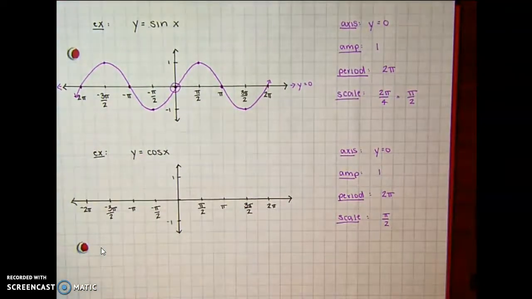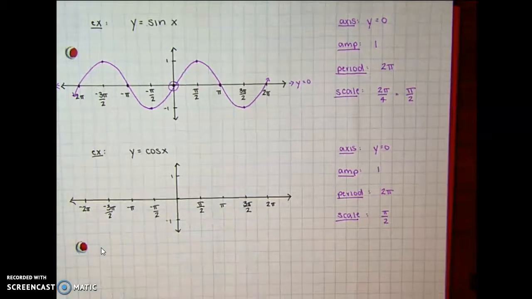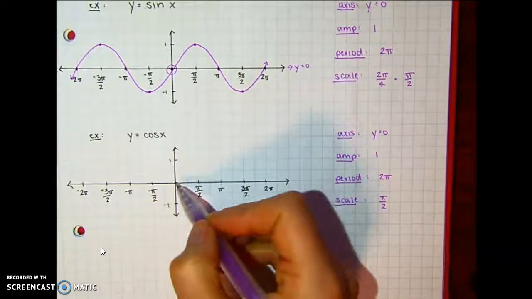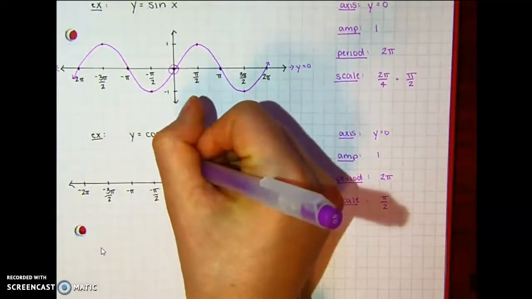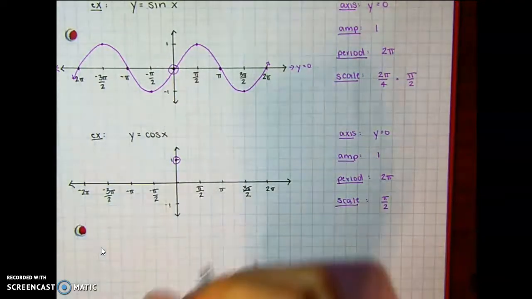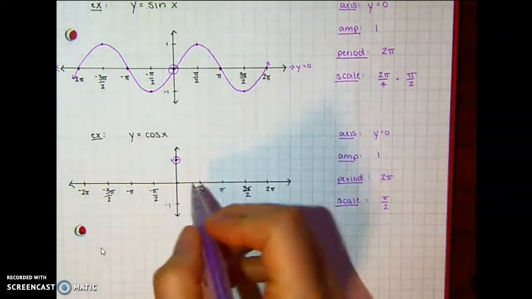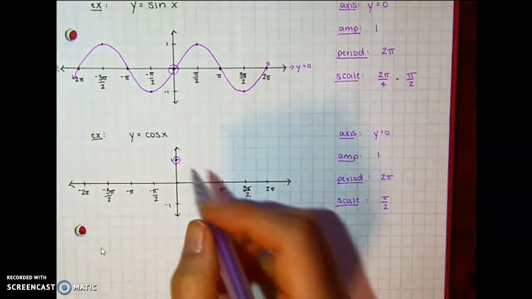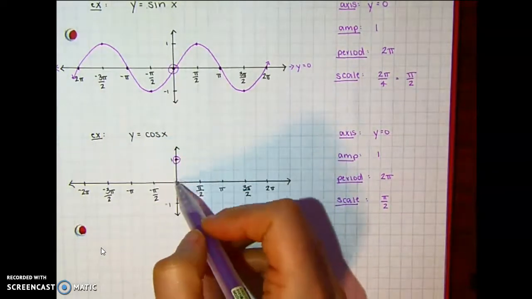So now you're just going to graph this the same way you did sine, but using our cosine values of the unit circle. So our first point is going to be at 0. And what's cosine of 0? That's x on the unit circle, and x is 1 at 0. So cosine of 0 is 1.